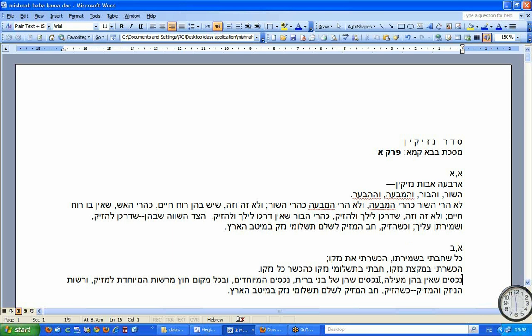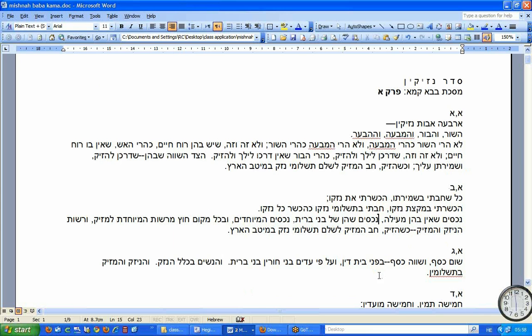This is all about who owns the Nezek. It has to be someone that the Nezek doesn't have. Nechasim sheyesh bahen me'ila, nechasim hamyuchadim. That means the result of the damage, that which was damaged, has to be something of a hedyot, not anything of hekdesh. Hekdesh is put in as nechasim shel bnei bris.